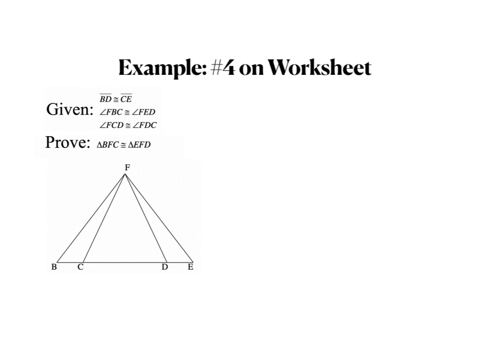So the first thing that I'd like to do every time I see a proof is mark down what I know. I know that BD is congruent to CE. I know that angle FBC is congruent to angle FED.